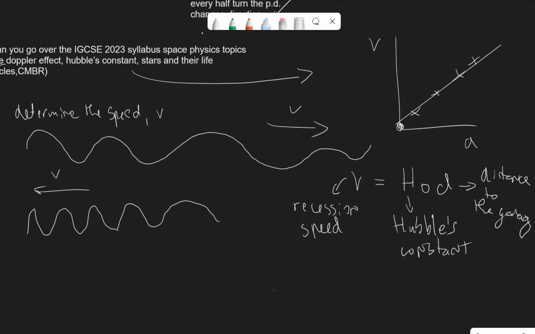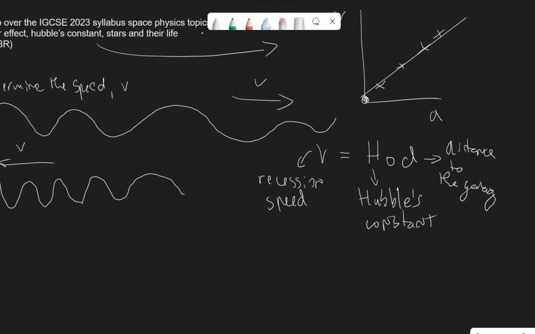We can really just rearrange this for Hubble's constant and define it in terms of this equation. So Hubble's constant is just a ratio of the speed of recession of the galaxy, or the speed of the galaxy, divided by its distance from the Earth. Our current measurements give us a value of H0 that you need to remember for the exam if you're doing iGCSE.